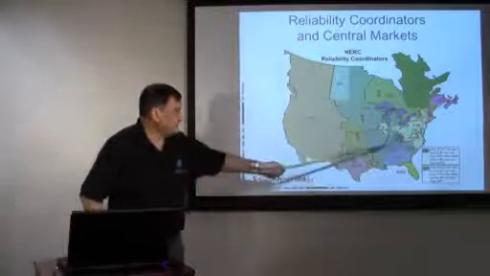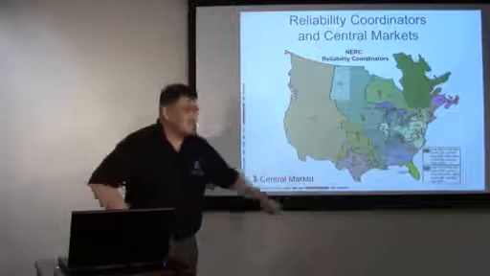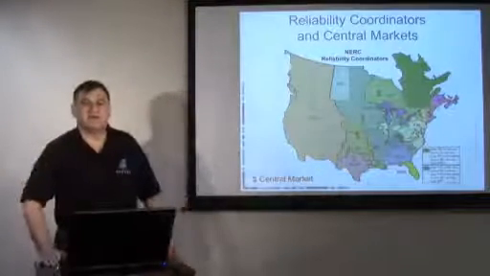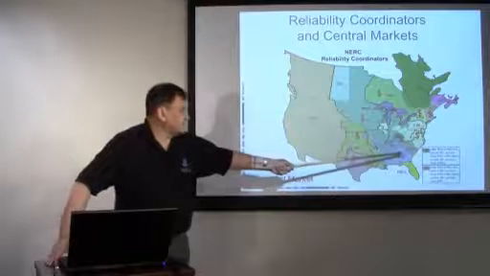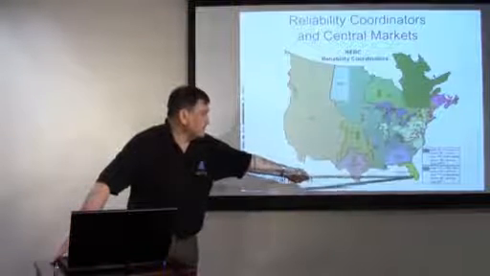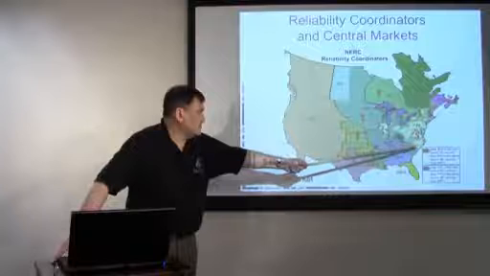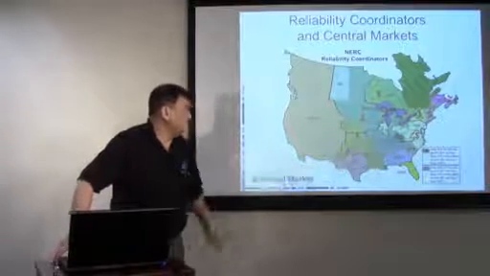In the case of the Southeast, the reliability coordinator function has been delegated to a large transmission operator. And so in that case, we see Southern Company taking it on here. Florida Power and Light takes it on for Florida. I think Duke Power takes it on for Virginia, and TVA takes it on for their region.